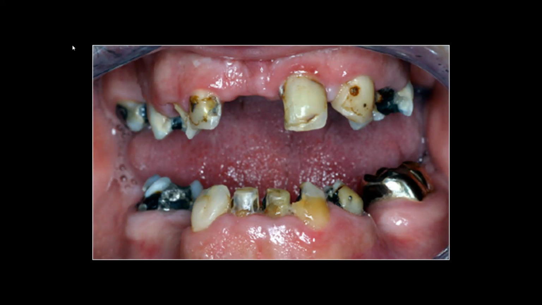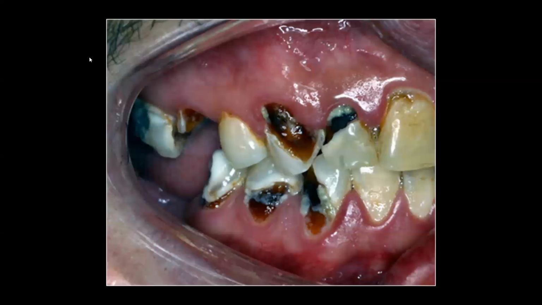You can see multiple areas that are broken down on many teeth. This is another example, and this is a patient that definitely had meth mouth coming in, and pretty good sized holes. And unfortunately, some of these holes are too big to even fix.